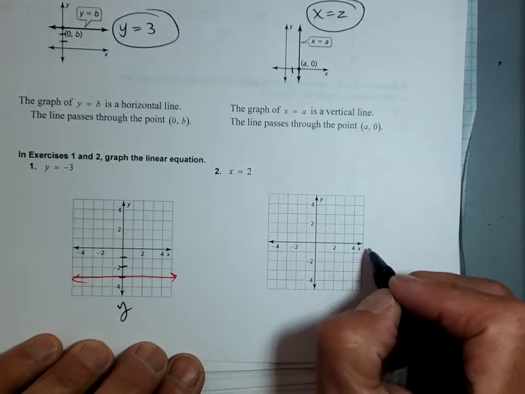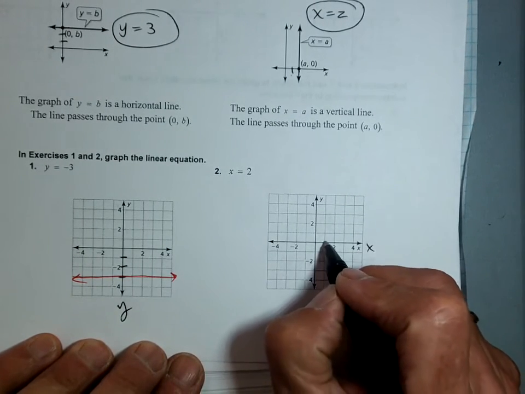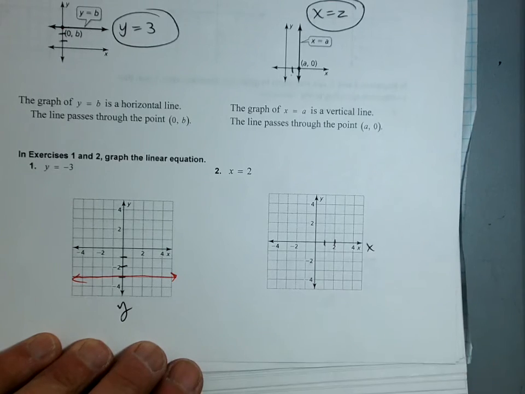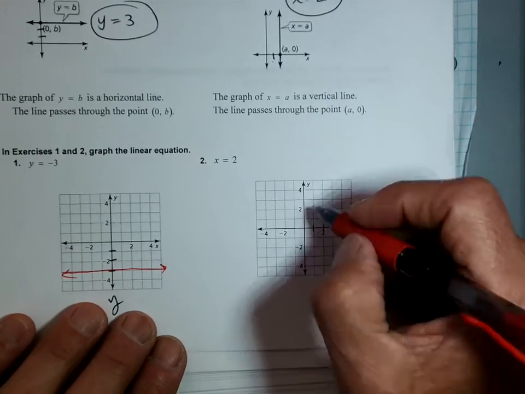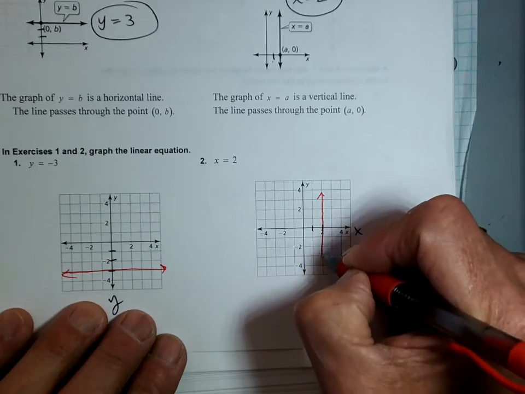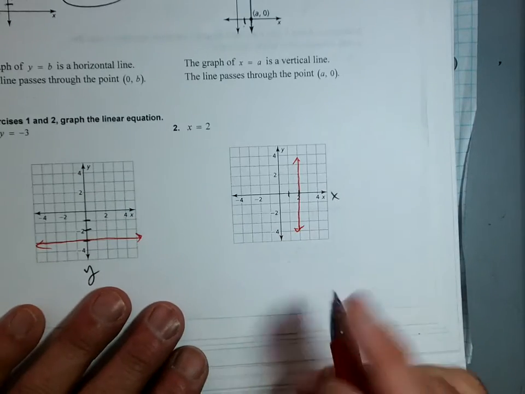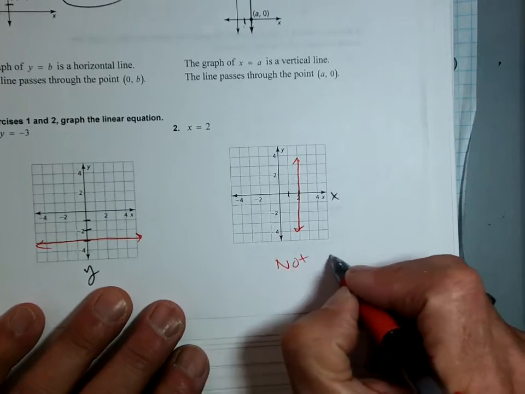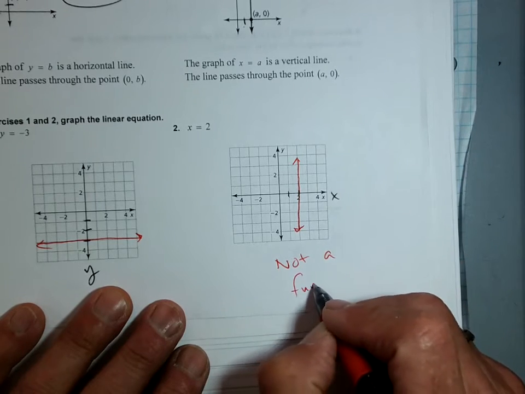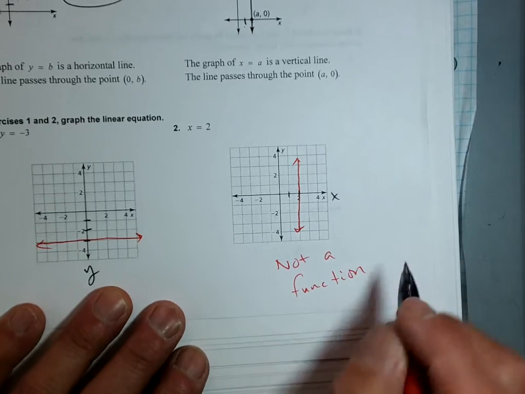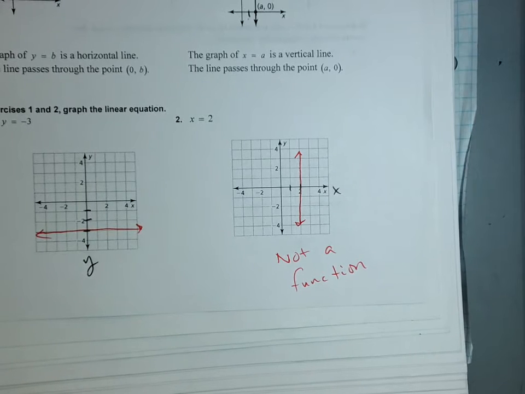Here's my x-axis. I'm going to go 1, 2. X equals 2 is this line. That is not a function. To be a function, it's got too many y values. 1x, 1y. Thumbs up? Pretty easy so far?